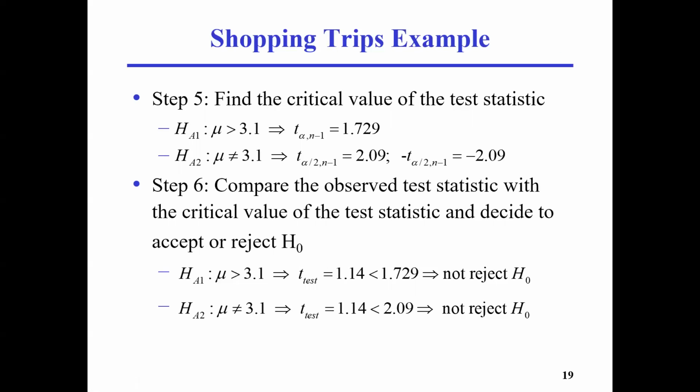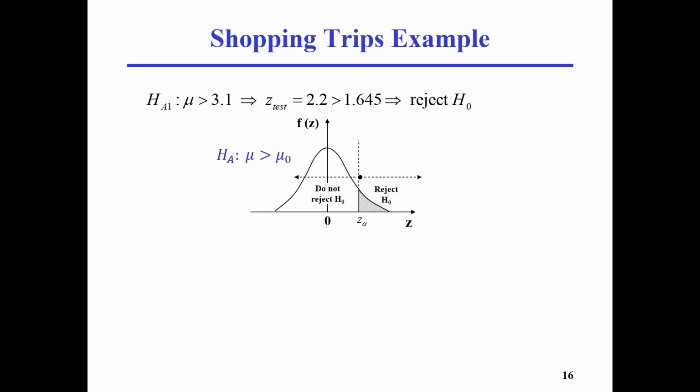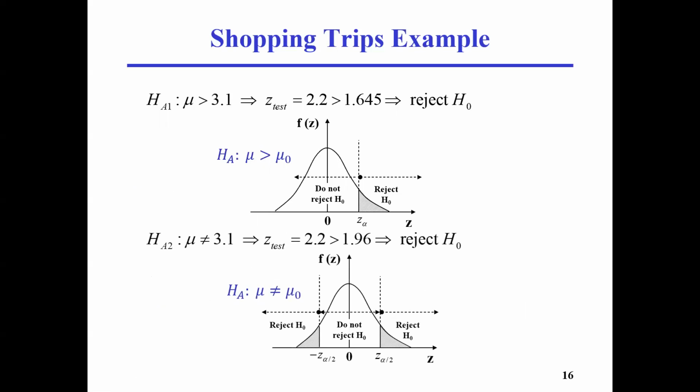About the reject range or do not reject range, the t-test and z-test can use the same graph. The t distribution and the normal distribution are different from each other, but the shape of them is very similar.